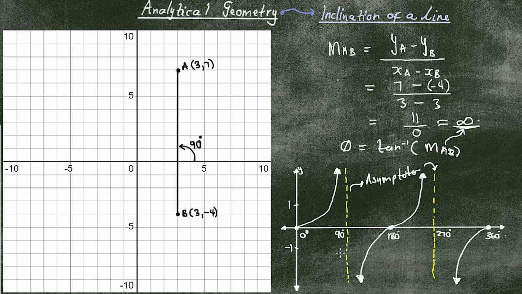Hence, for our gradient here, the angle of inclination, I'm telling you, is going to be 90 degrees, because our gradient comes out as a math error or infinity. So therefore, taking arctan of infinity gives us the asymptote, right?